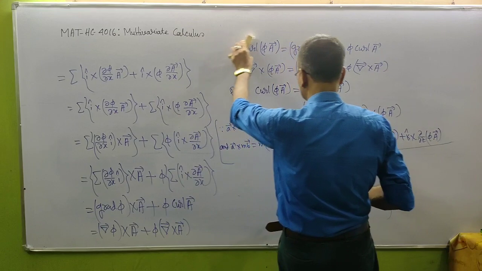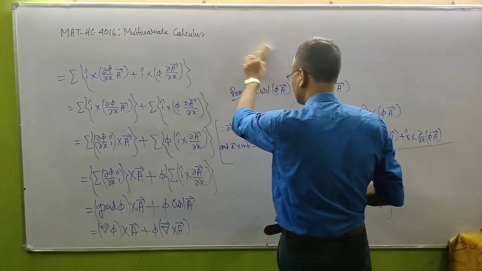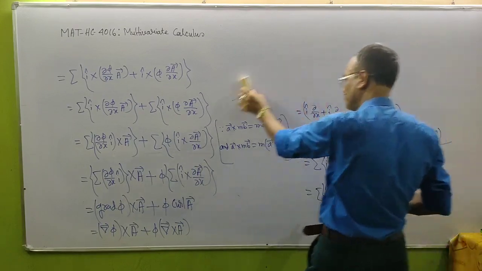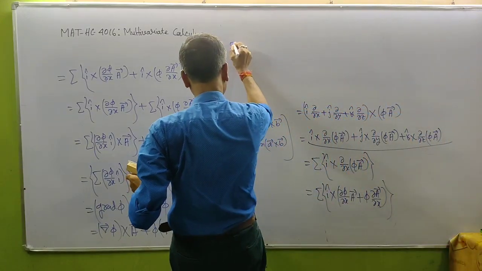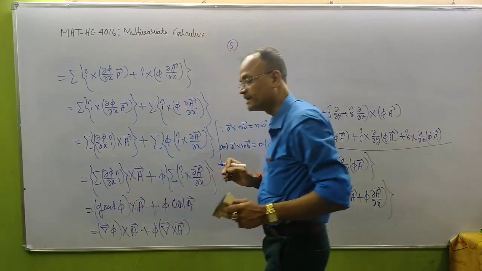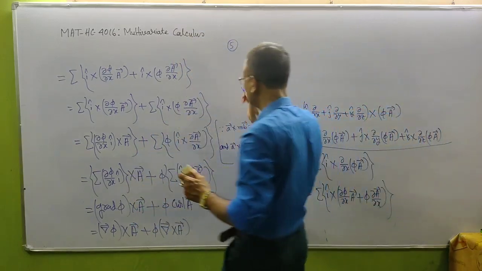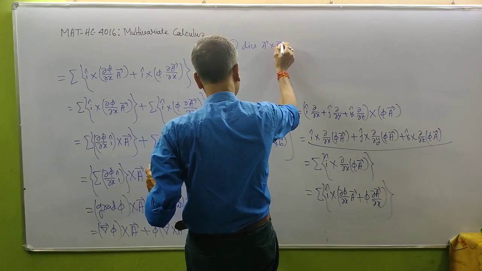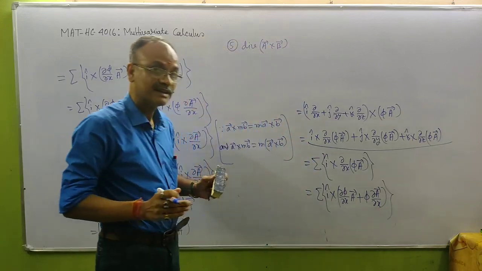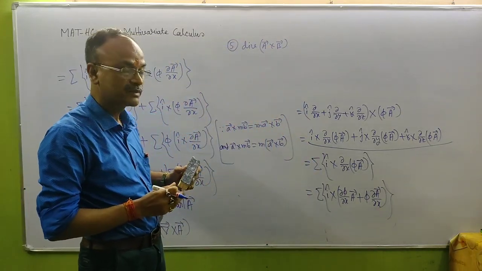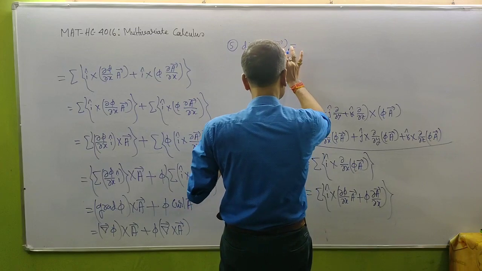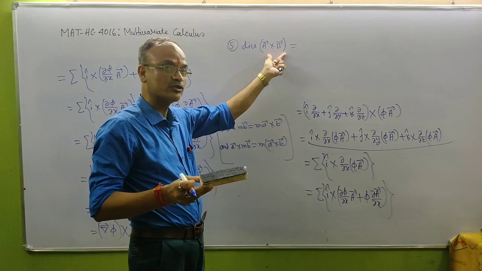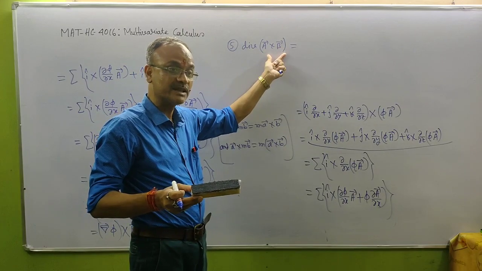Let me give you the statement of identity number 5. Identity number 5: divergence of A cross B. Divergence of A cross B will be equal to, you see, the cross product of two vector quantities is a vector quantity.